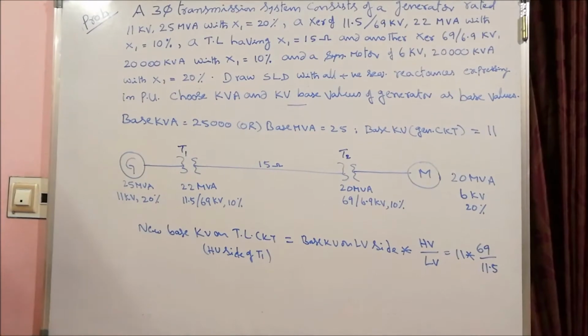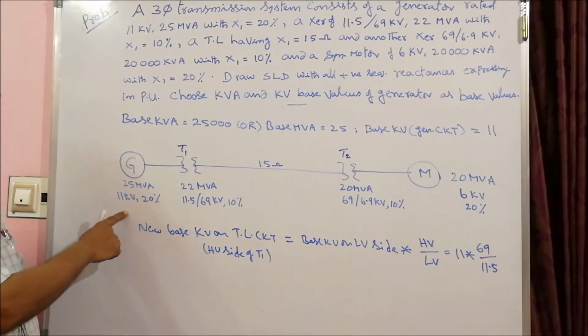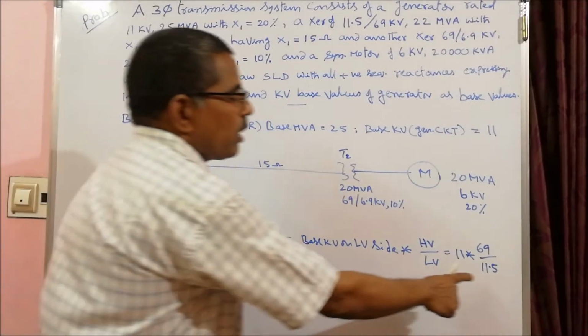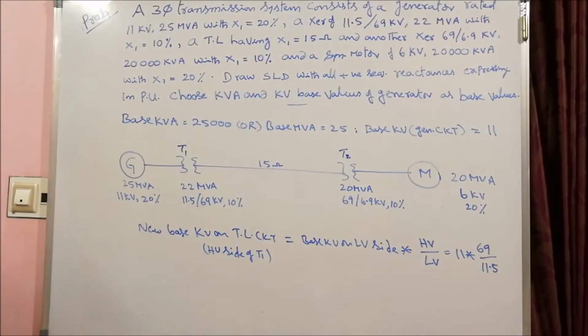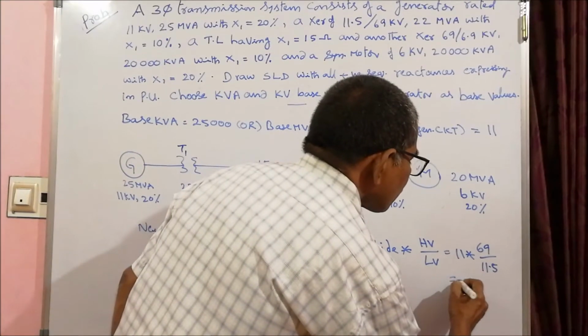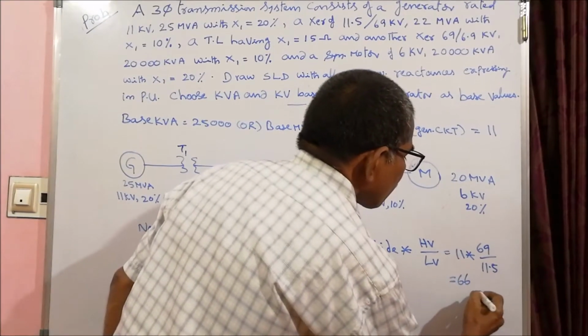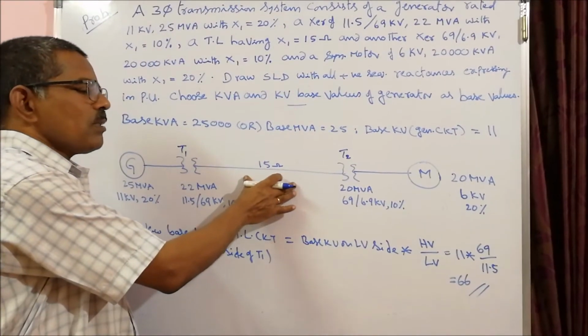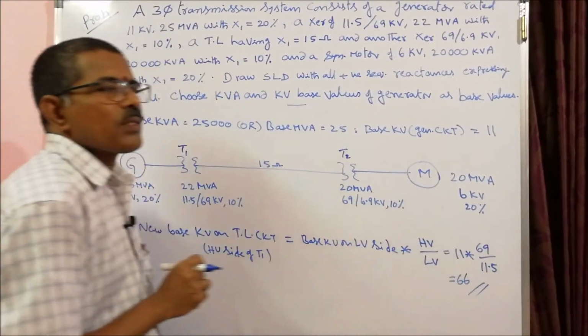So 11 is the base kV, the transformer turns ratio is 69 by 11.5, so the corresponding value is 66. So the transmission line side base kV is 66.